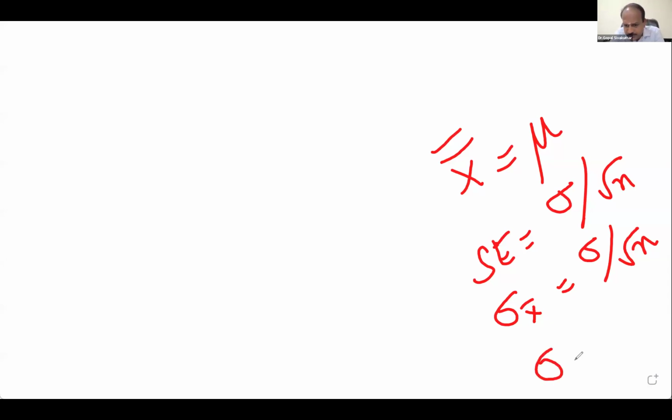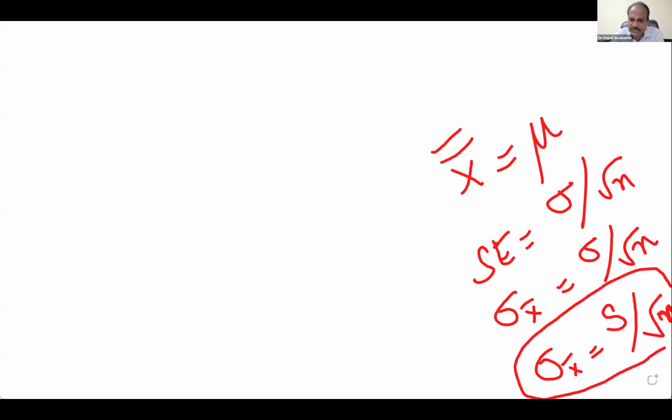Suppose in a scenario, you don't know the population standard deviation. You only have the sample standard deviation. In such a case, standard error can be calculated using this relationship. You know what the relationship is?